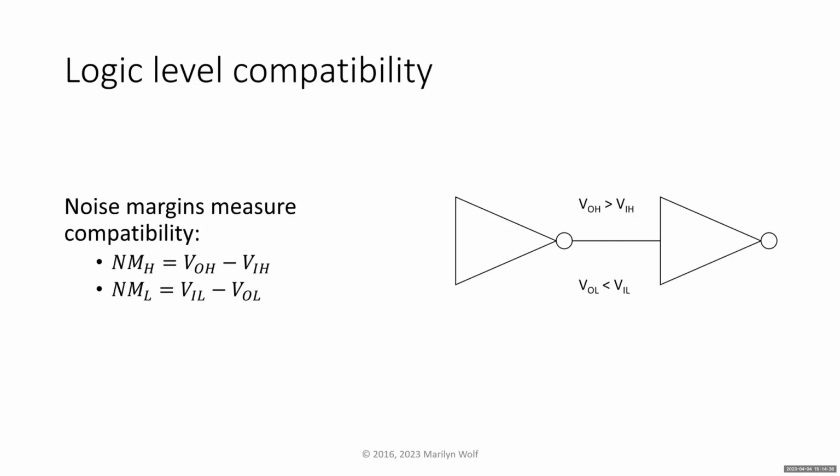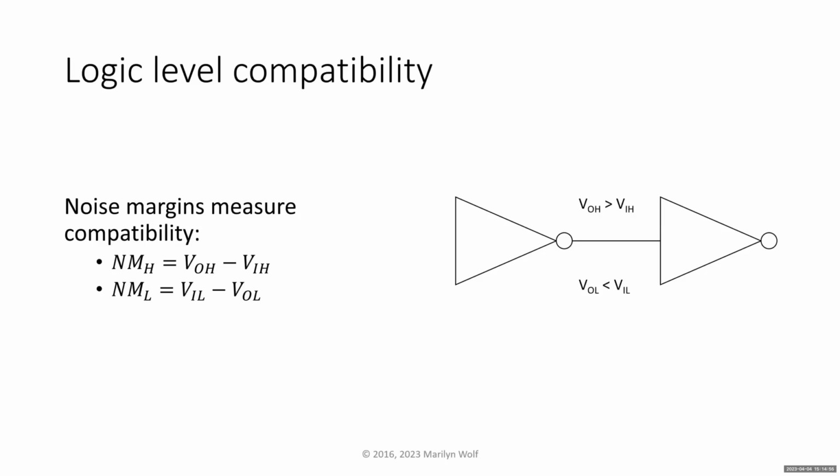We have noise margins on the low side and on the high side. In some of the older logic technologies, the high and low noise margins can be very different. They're more symmetric in CMOS.